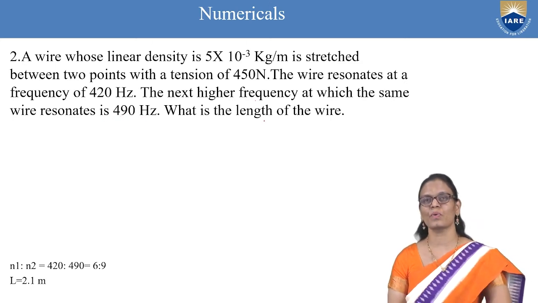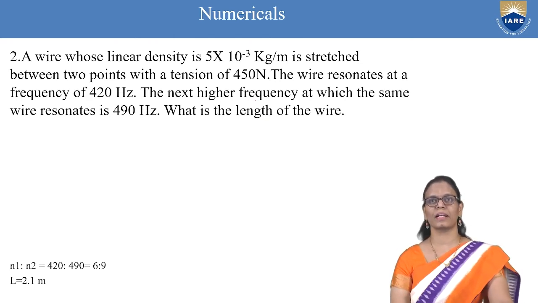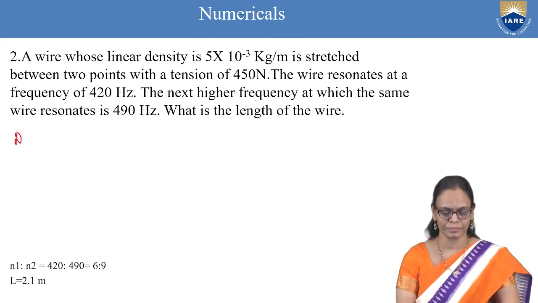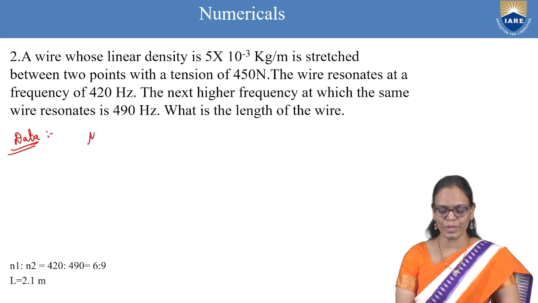What is the length of the wire? So first what we have to do is write the data given. Here the linear density is given directly. So mu is equal to 5 into 10 power minus 3 kilogram per meter.